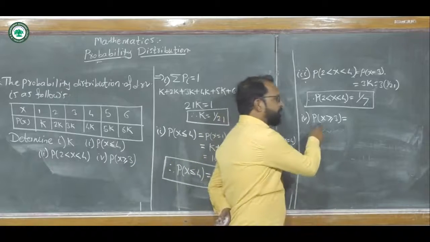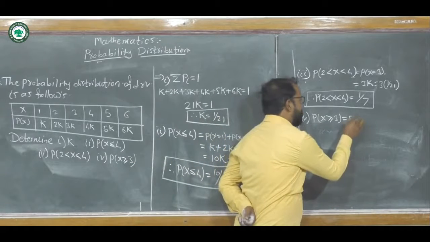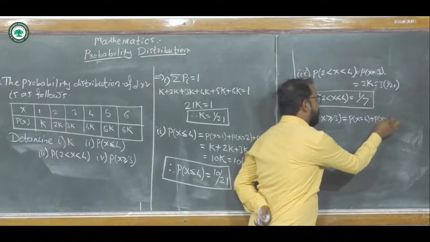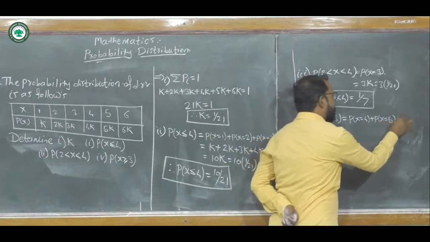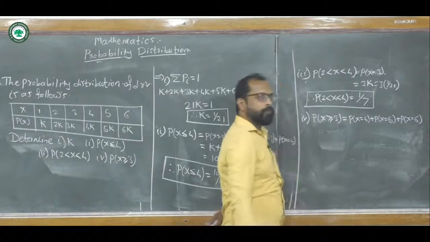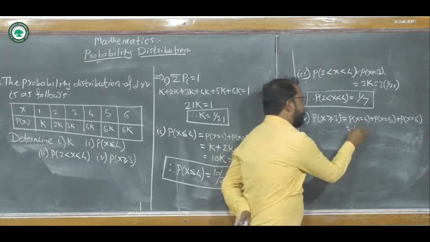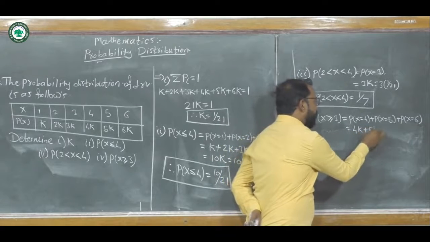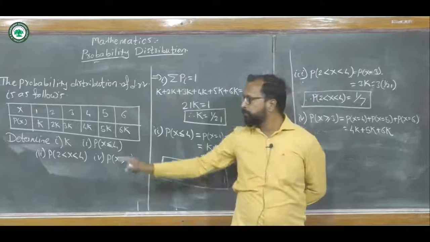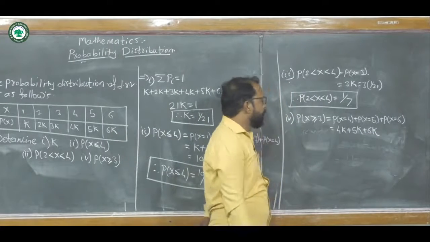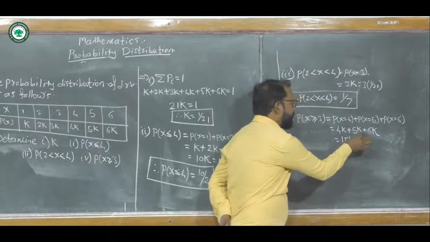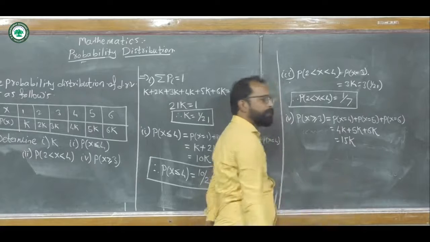So this probability can be written as probability of x equals 3 plus probability of x equals 4 plus x equals 5 plus x equals 6, putting the values from the table. So taking addition, it becomes 15k.